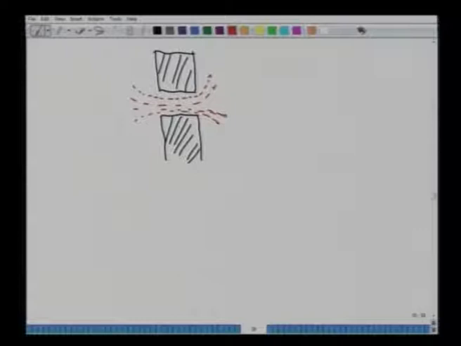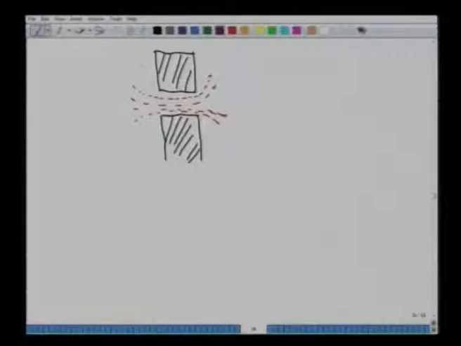This opening has a rectangular cross section 0.1 into 0.15 meter, and we have to calculate the air velocity. First, this is our plane 1, and this is our plane 2.